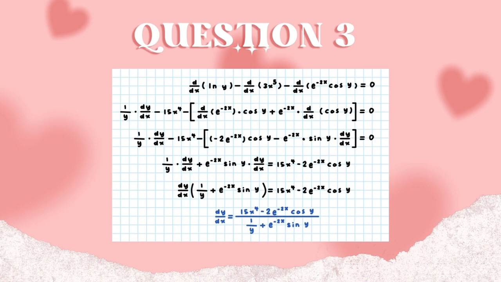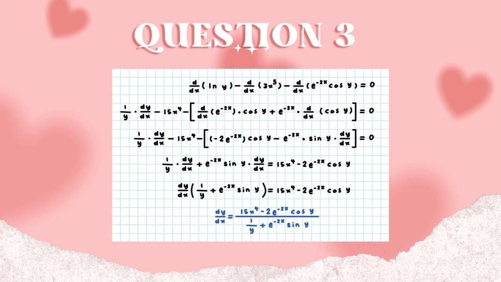Then the second term, negative 3x to the power of 5. This one is straightforward. The derivative is simply negative 15x to the power of 4.